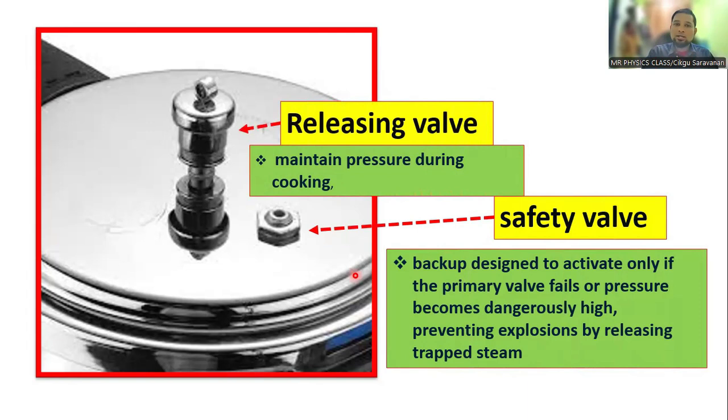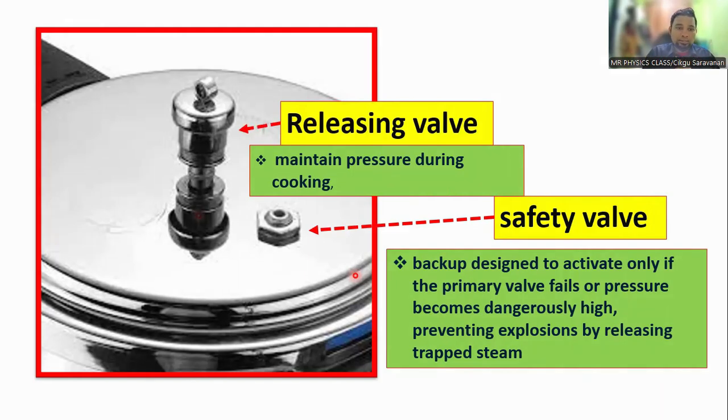So this cooker operates based on the pressure. The pressure has its required level. Once the pressure exceeds the required pressure, what needs to be done? The excess pressure needs to be released. If not, it can cause an explosion. The cooker can explode.